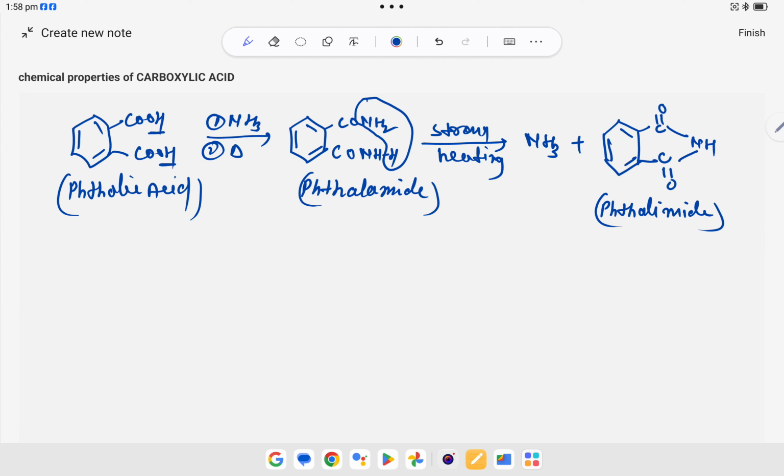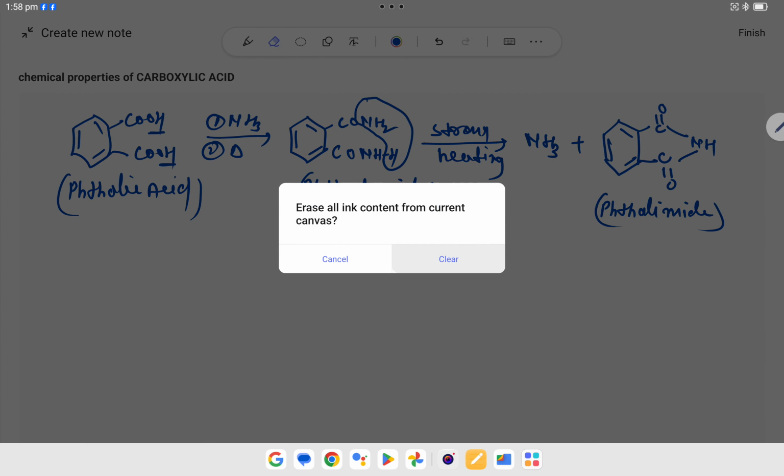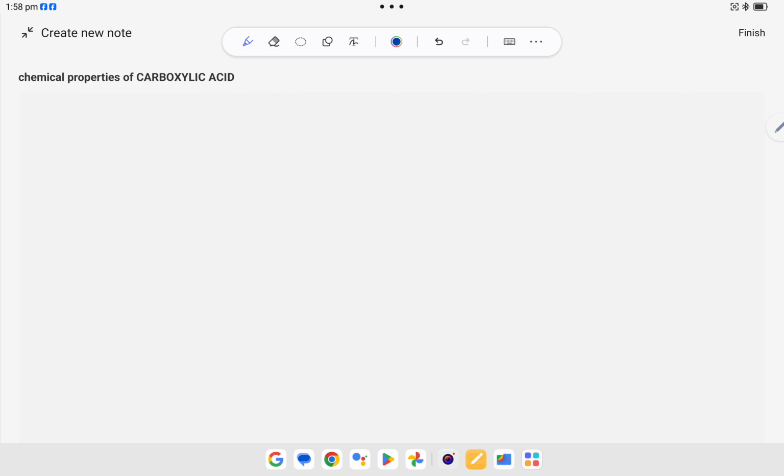Next chemical property, formation of anhydride. Formation of anhydride. It is also same time very easy.